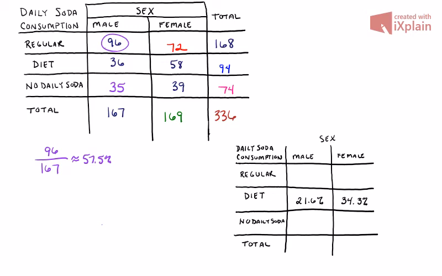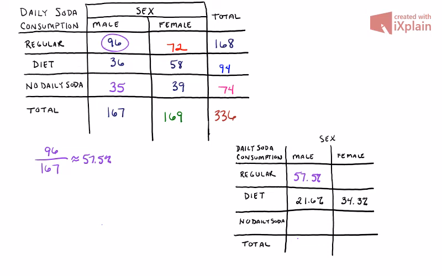It's really important to put that soda in there because, well, just say it to yourselves without the soda and then we're in a different realm. So we have 57.5% of men from this particular survey drink regular soda on a daily basis.